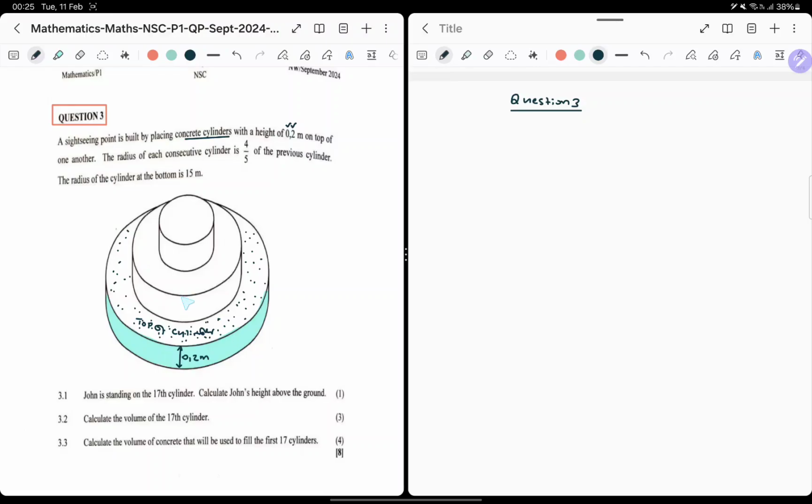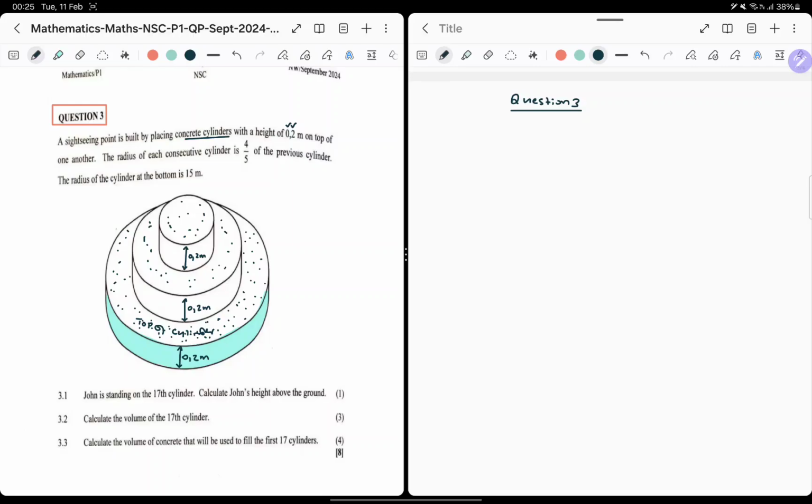Great. And of course, this is the next cylinder. I'm not going to go through it the same way. So this is 0.2 meters, and we know that this would be its top. And then this is another cylinder, which is 0.2 meters, and this is the top right there.